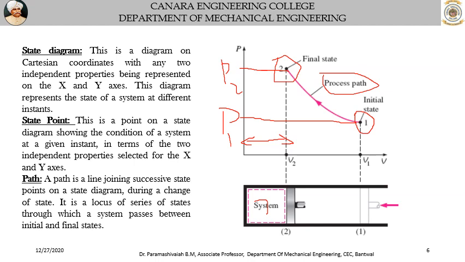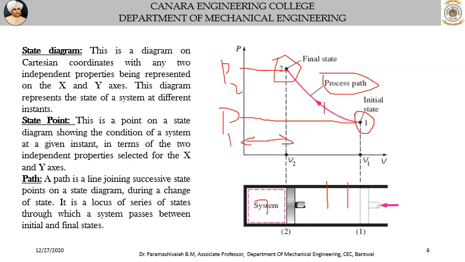It is a locus of a series of states through which a system passes between initial and final state. This is the initial state, this is the final state, and now we have moved from 1 to 2. In between, if you consider somewhere here, the volume is something and the pressure is something like this. Then at the next point, the volume is different and the pressure is different.